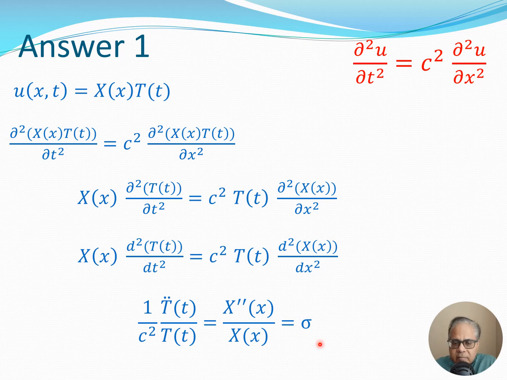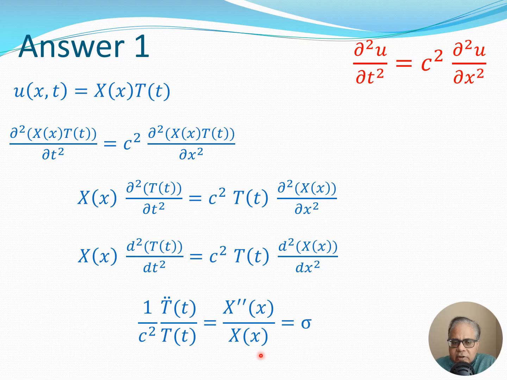This step lets me write two ordinary differential equations. One is in terms of time and the second is in terms of x. Once I solve these two differential equations, I can go back to this equation, substitute X and T, and get u as a function of x and t. So that's the next step.